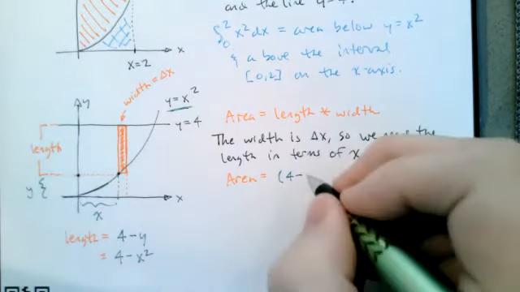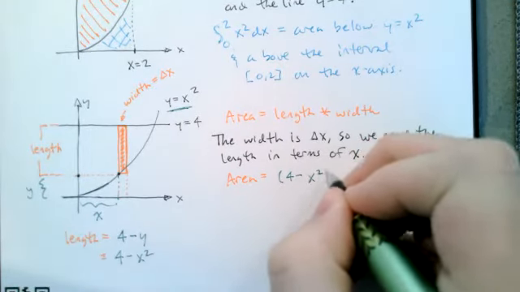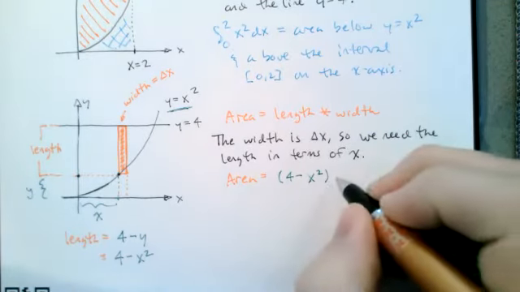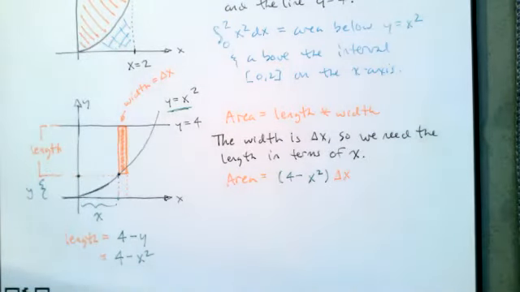So the length is going to be 4 minus x squared, and the width is still delta x. Now I have an expression for the area of any vertical slice in the region that we're looking for. Now what we need to do is add up all the slices so that this will become a definite integral.